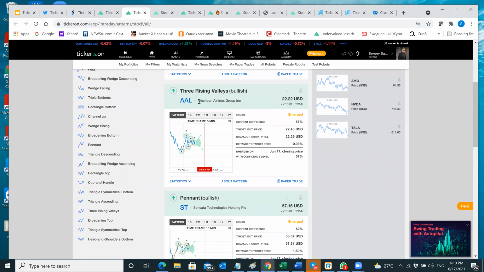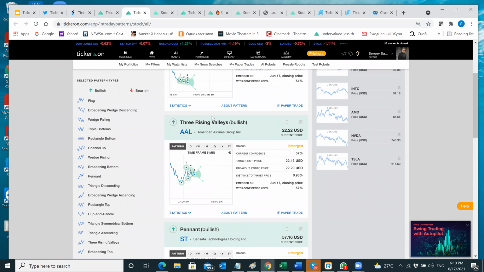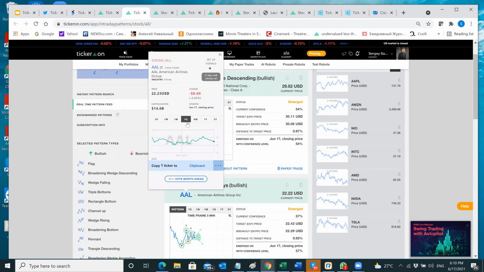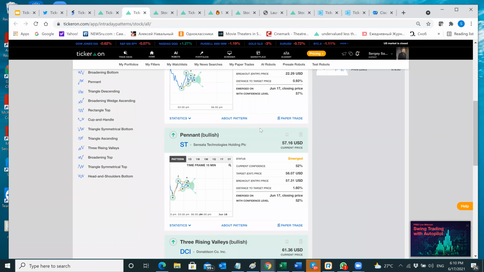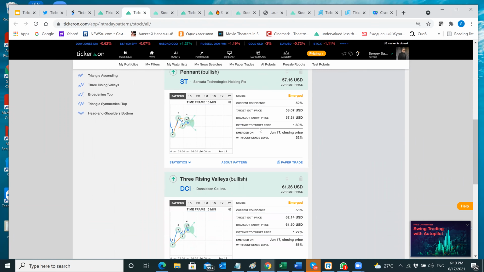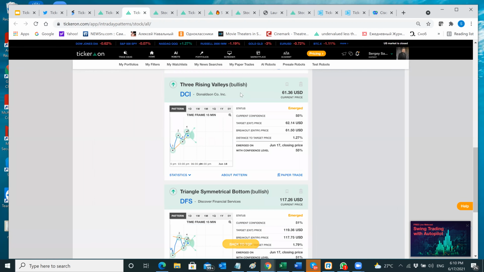You see, this is the free rising valley, okay? So it really shows you these potential trades, okay?